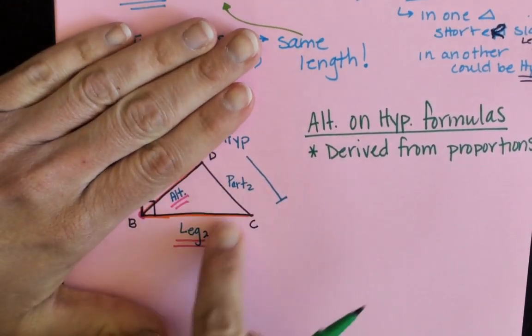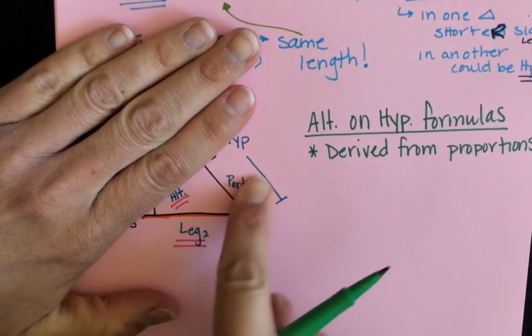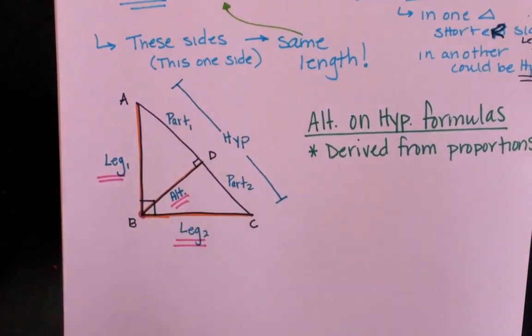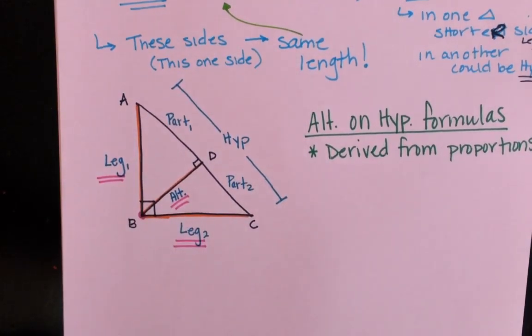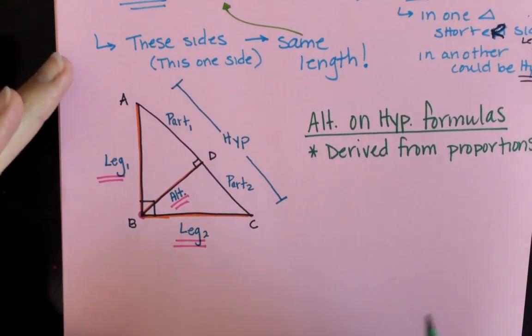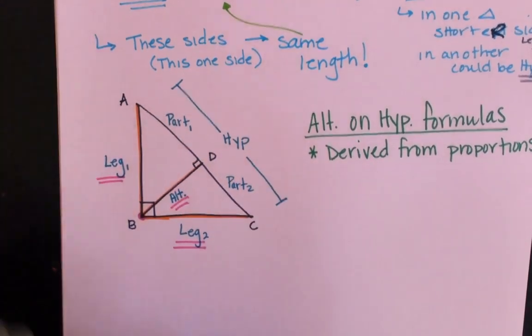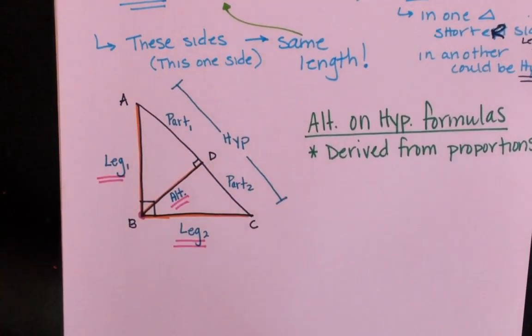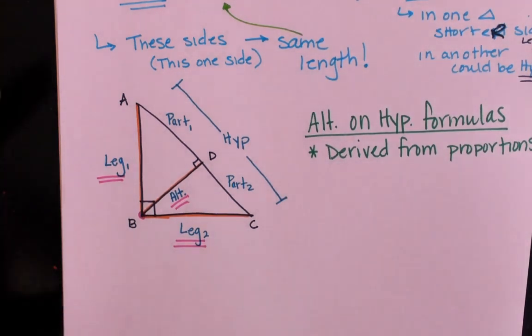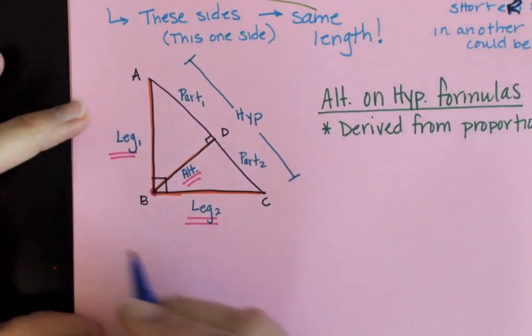You have another one, part 2, or leg 2 in the other triangle. So when we're looking at, if we were to write our proportions, we could have that our altitude, if we want to do this, and I'm going to give you some options, whatever you feel is best when memorizing these.